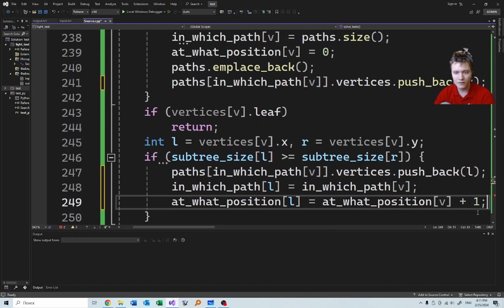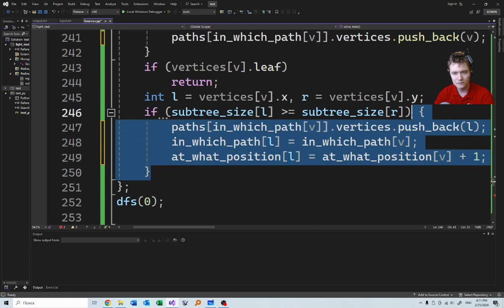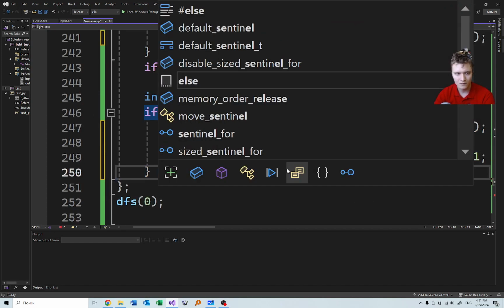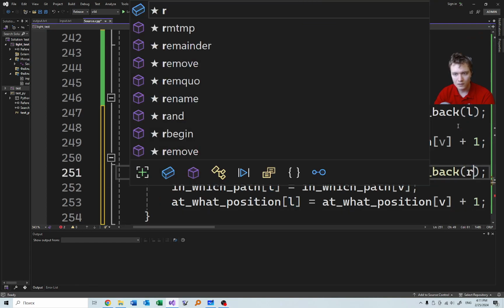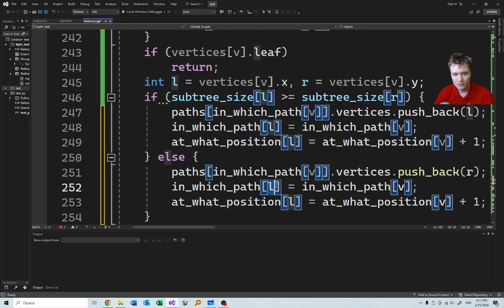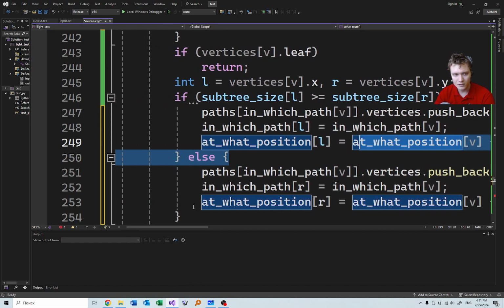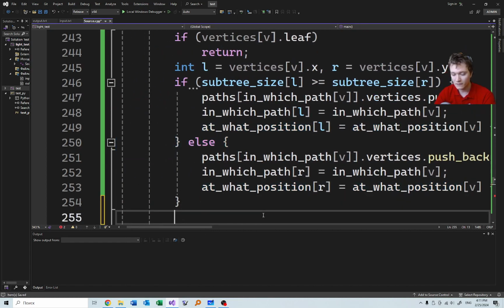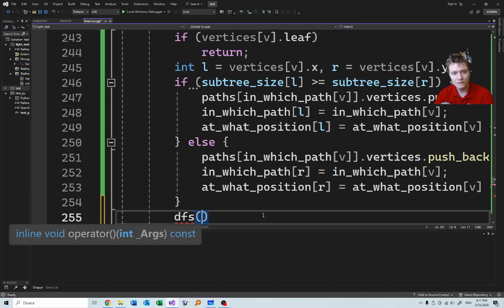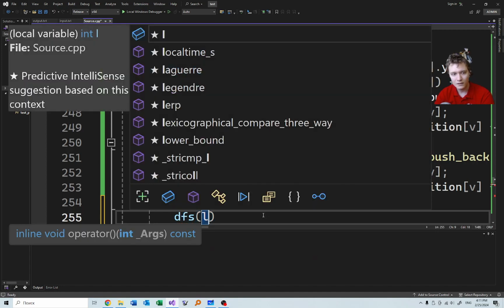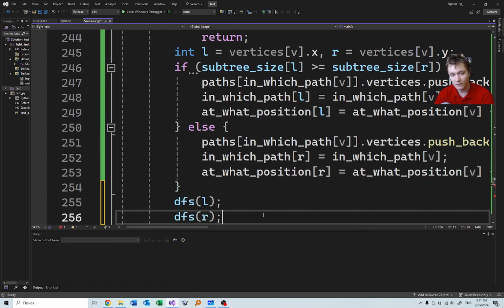Else the same thing with R. Great. And then we need to run DFS of L and DFS of R.